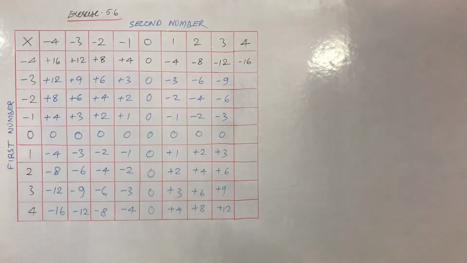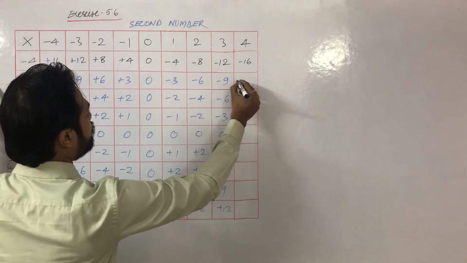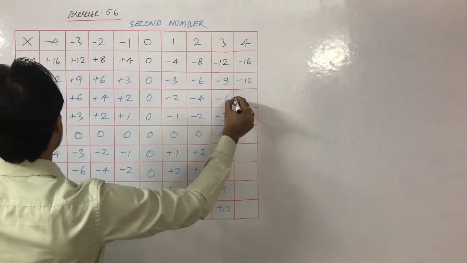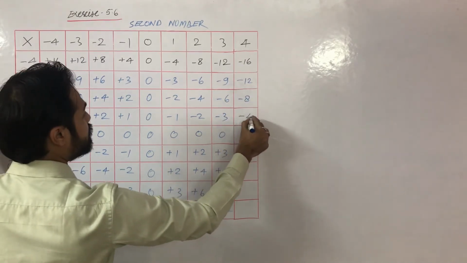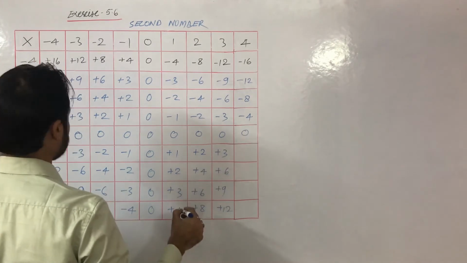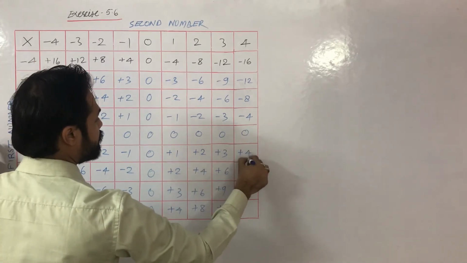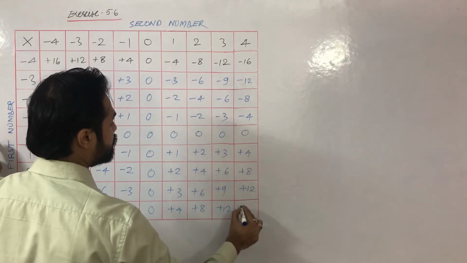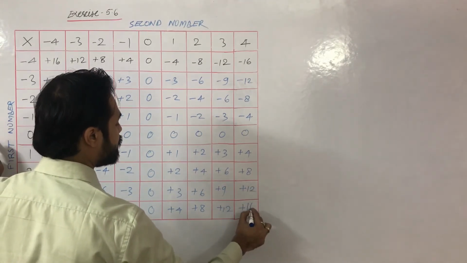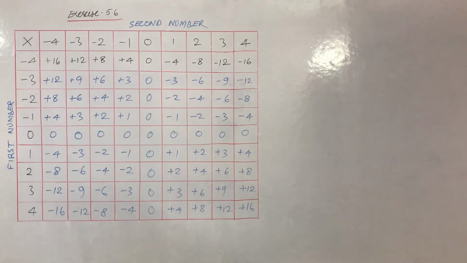Last 4, 4 into minus 4, minus 16, okay, 4 into minus 3, minus 12, then 4 into minus 2, minus 8, 4 into minus 1, minus 4, 4 into 0, 0, plus 4, plus 8, plus 12 and plus 16. So these are all values after multiplying the first number by the second number.